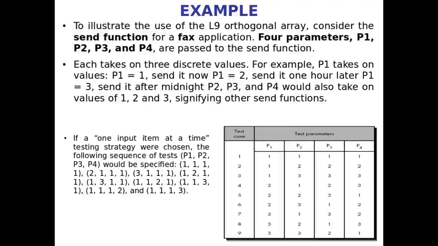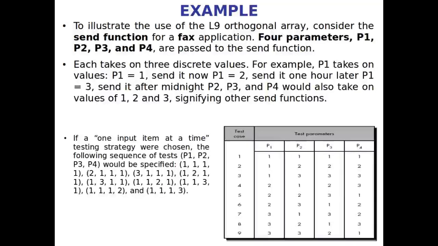Here, the number of tests required if exhaustive testing is conducted is 3 power 4 is equal to 81, which is large but manageable. All faults associated with data item permutation would be found, but the effort required is relatively high. The orthogonal array testing approach enables you to provide good test coverage with far fewer test cases than exhaustive strategy.